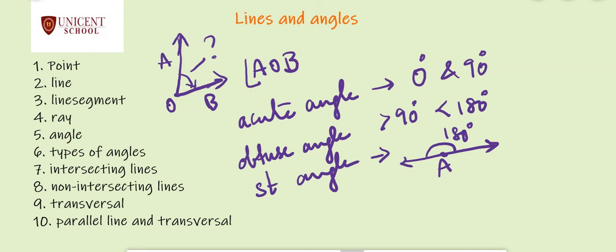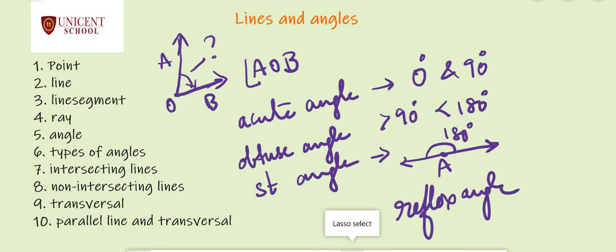And next let us see what is a reflex angle. Reflex angle. So reflex angle is an angle which is greater than 180 and less than 360.